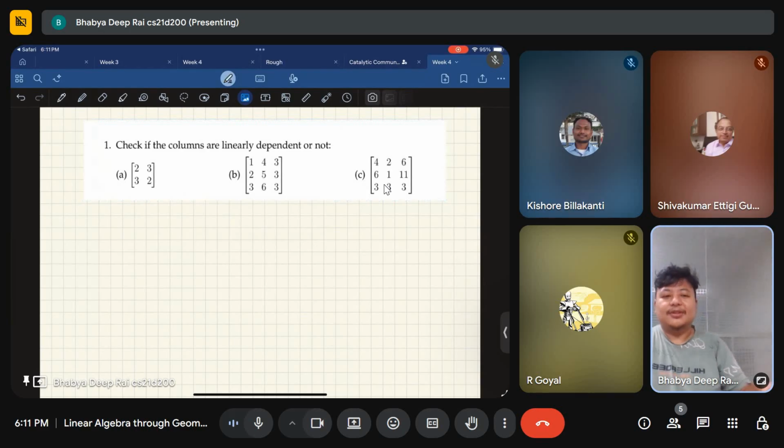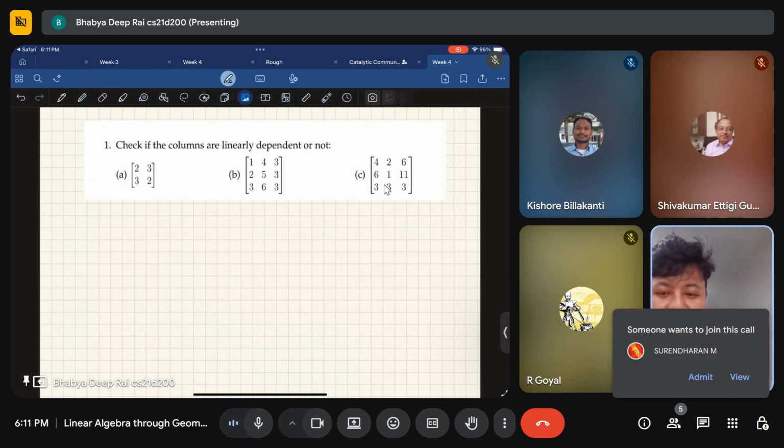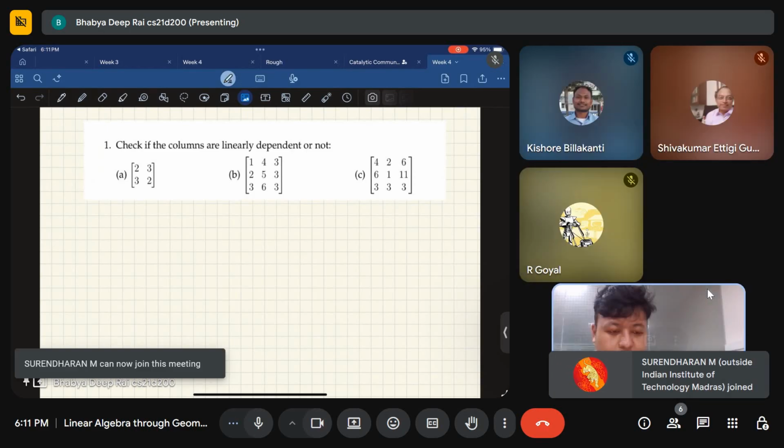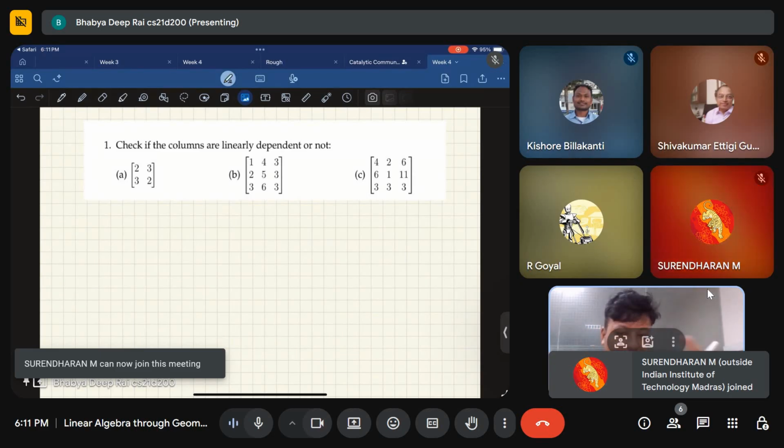Here's a simple question. Check if the columns are linearly independent or not in the following matrices. It's a rather simple question, especially the first one. So yeah, go ahead.